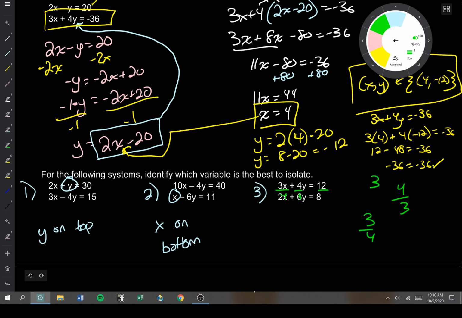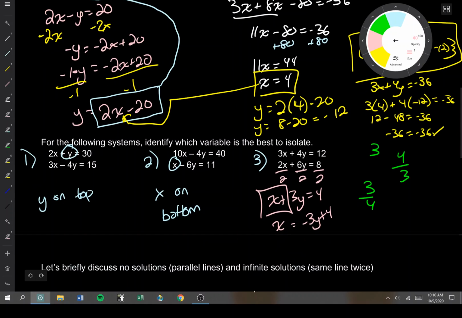So I don't want to pick the x or the y on top. You'll also notice, if I divide by 6 everywhere, I get a fraction of 1/3 and a fraction of 4/3. I don't like that. But if I divide everything by 2, okay, now I have x plus 3y equals 4. I should get this x by itself, because I subtract the 3y from both sides.